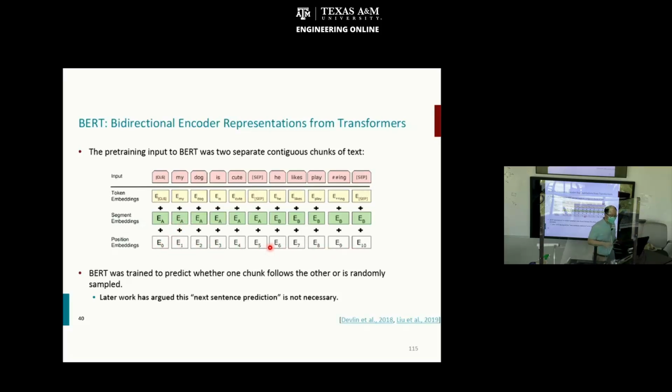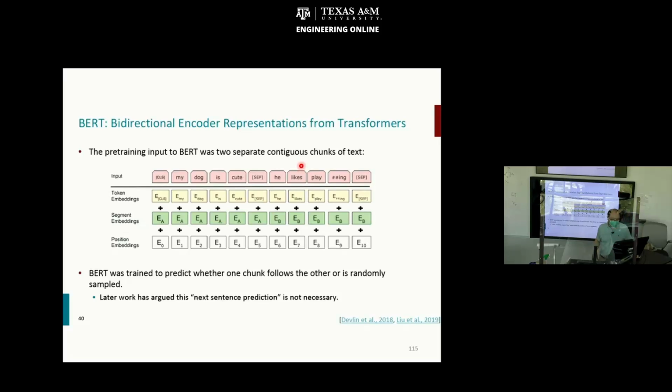And then for BERT, the way you construct sentence 2 is kind of tricky. Sentence 2 could be real, in the sense that it follows sentence 1. But it could also be junk that is not really following sentence 1.